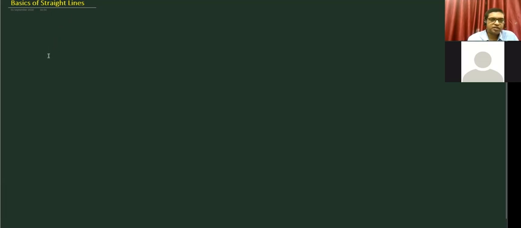Now we come to one of the first basic chapters on coordinate geometry, that is straight lines. So, what is the definition of a straight line?